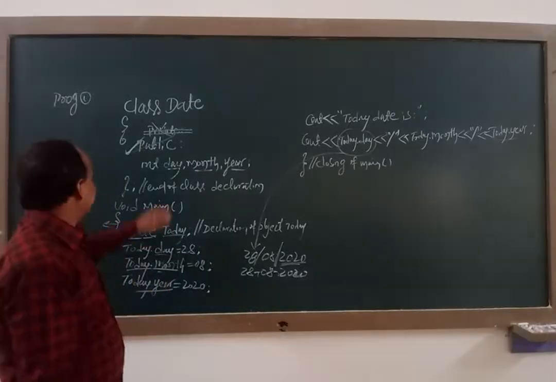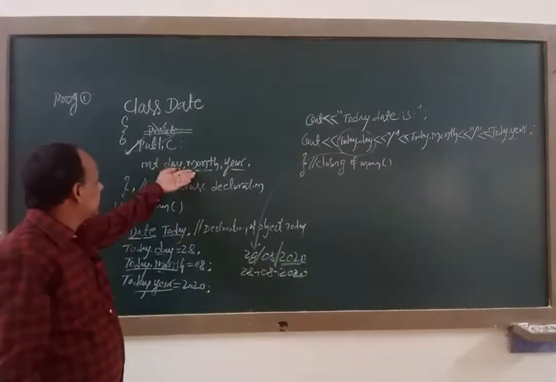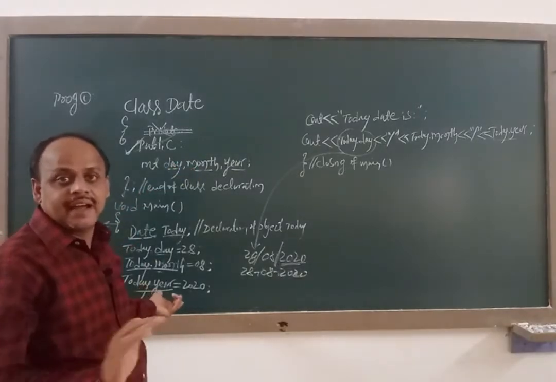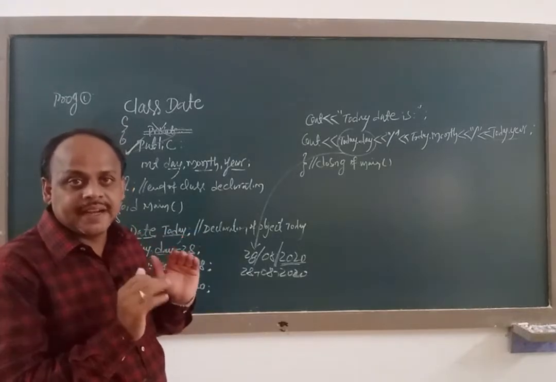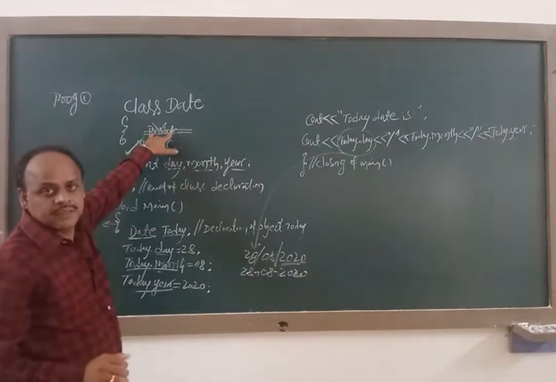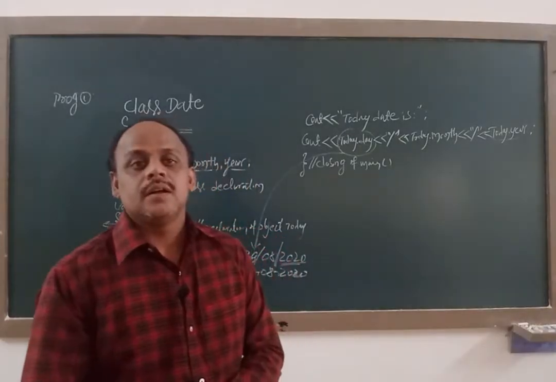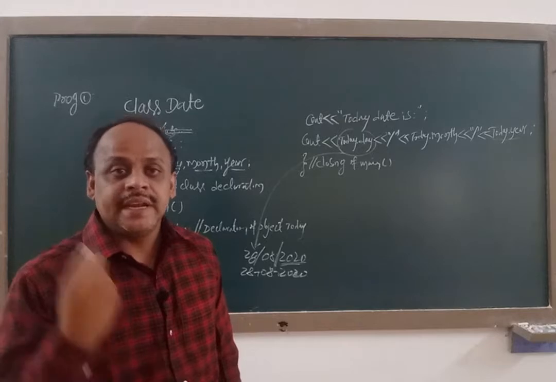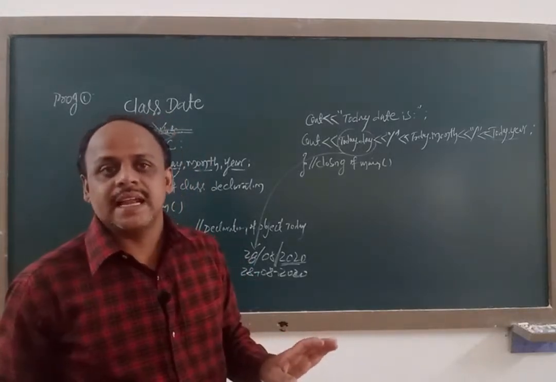Suppose we write the access specifier as public, then these are accessible outside the class, which means data hiding is not done. Suppose we must hide the data, then we have to declare these things as private. When we declare data members as private, then data hiding is done, meaning they are not accessible outside the class.